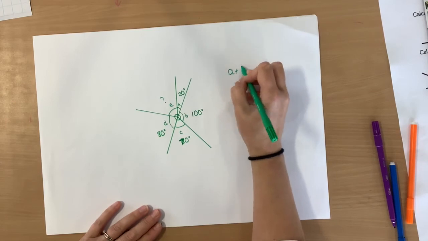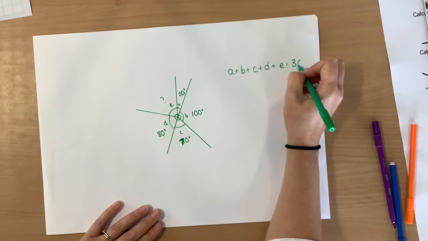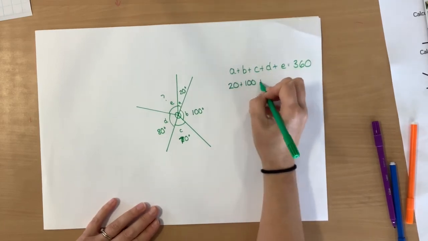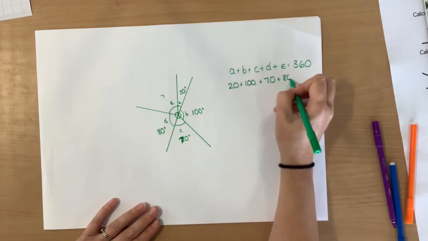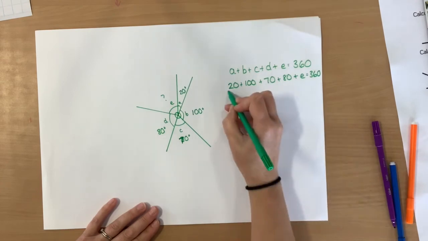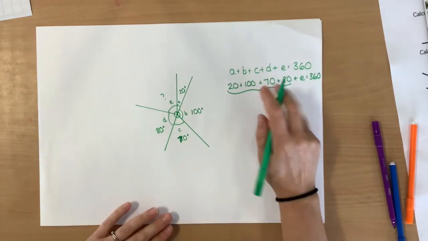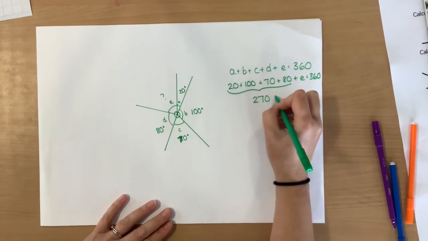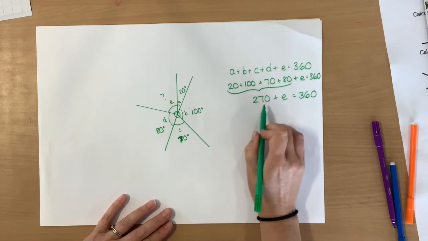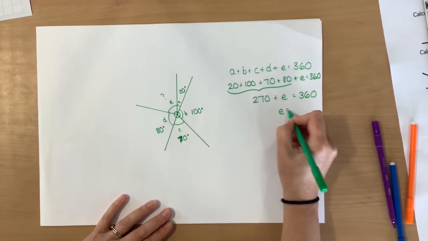So A plus B plus C plus D plus E equals 360. 20, add 100, add 70, add 80, add E equals 360. So far, 20 and 80 is 100, 270. And I've spotted already that 270 is 3/4 of a turn. So actually E, in that case, would be 90 degrees.